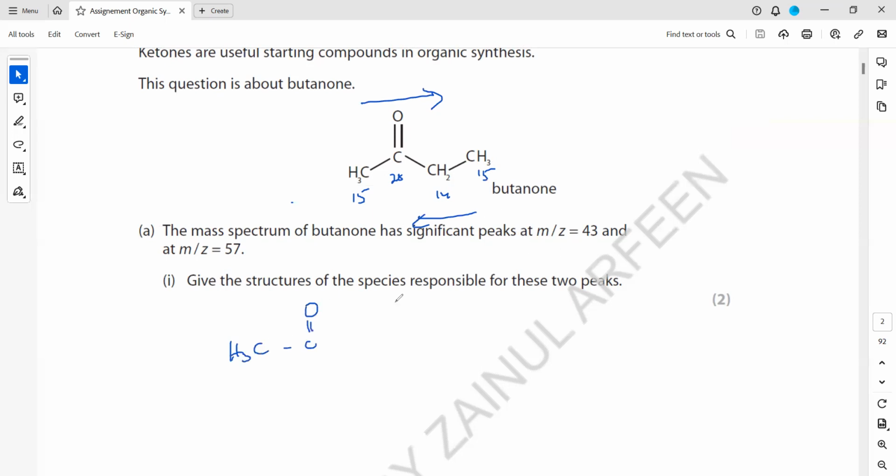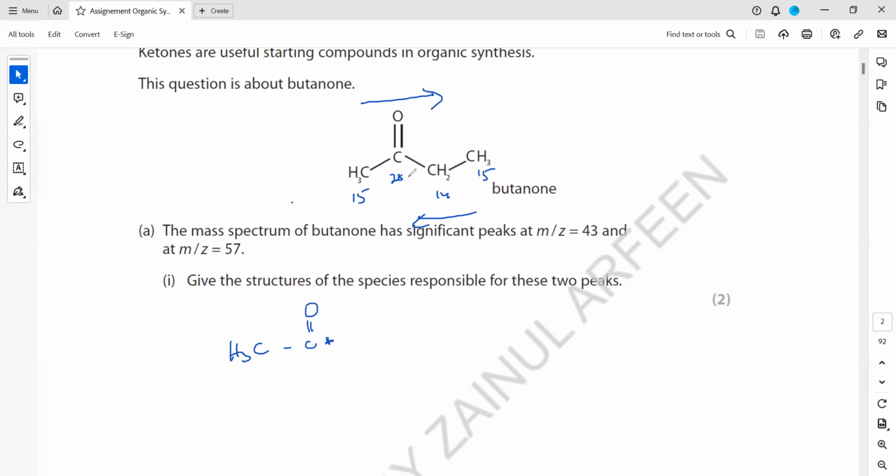Sorry, 43. Sorry, not 53. Don't forget to write the charge. So this will be 43. And what about 57? If you add CH2, or like this also, 15, 14 and 28 will also be 29.